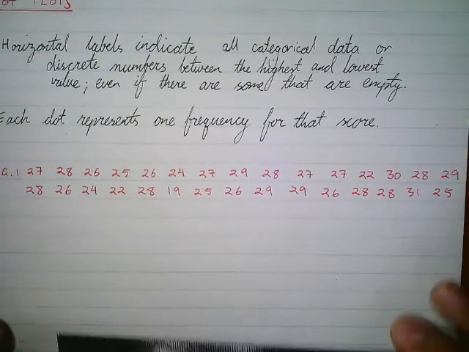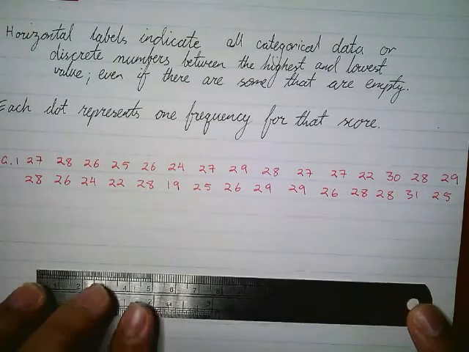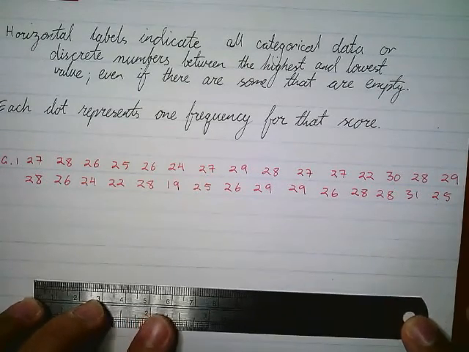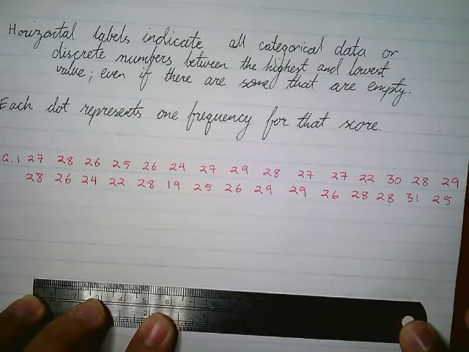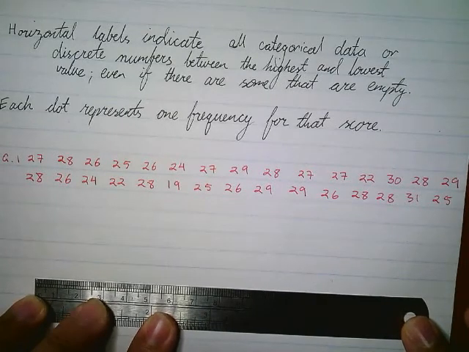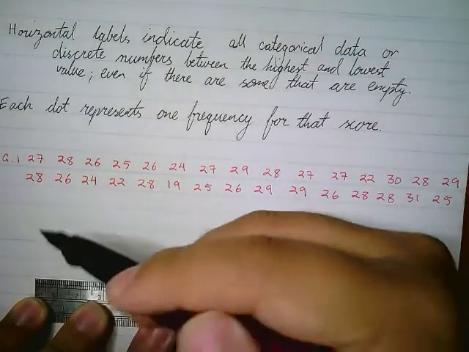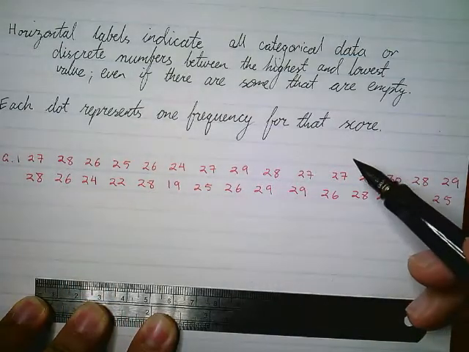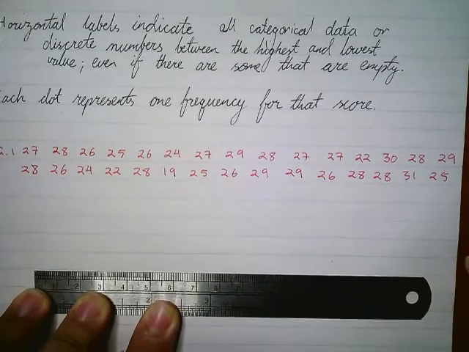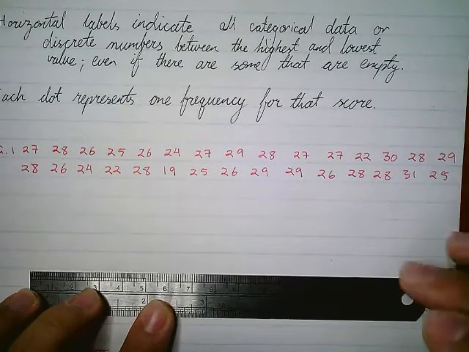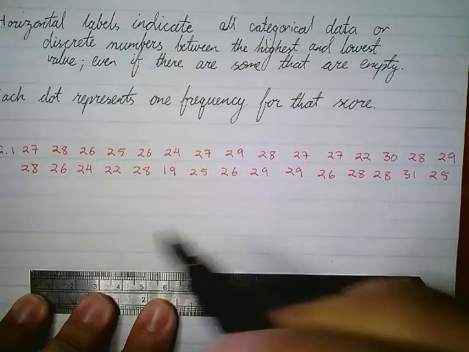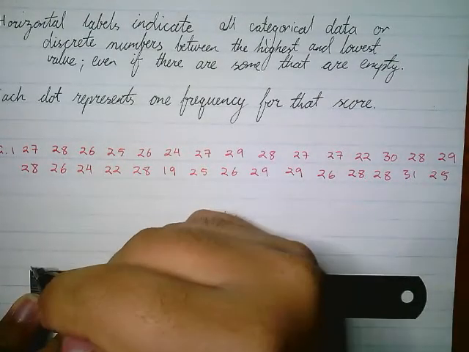So if we take a look from 19 to 31, I'm just going to draw a horizontal axis here. Well, it's really just a number line. And we're going to go from 18 till 32. Just going to extend it by a little bit more. So here's our 18.